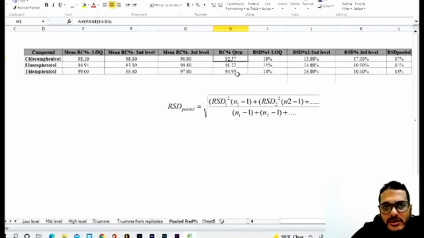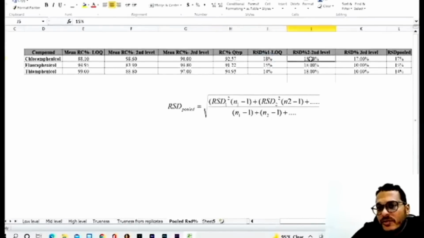That's not mandatory to do, because if the recovery was accepted for the low, mid and high level, the average of recovery will also be within the acceptable range. But the most important part is to calculate the pooled relative standard deviation that will be added at the end to the combined uncertainty. I selected relative standard deviation 1 from the low level, relative standard deviation 2 from the mid level, and relative standard deviation 3 from the high level, which here equal 18%, 15%, 7%.